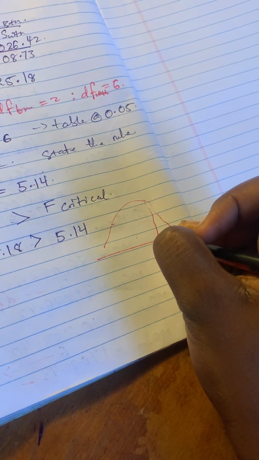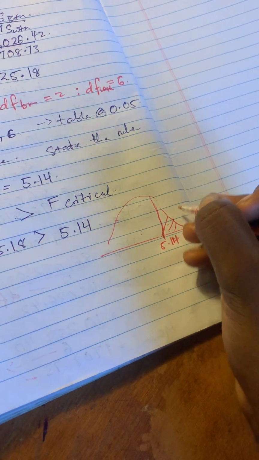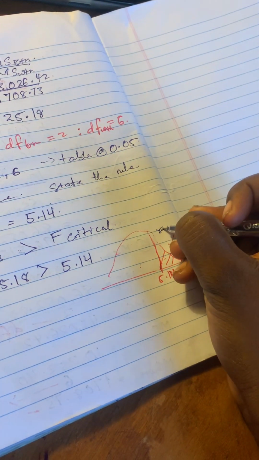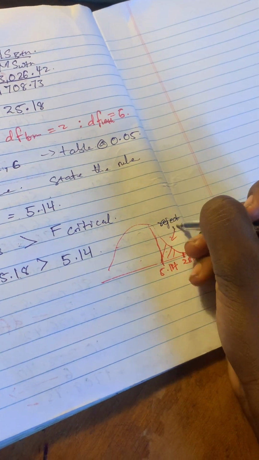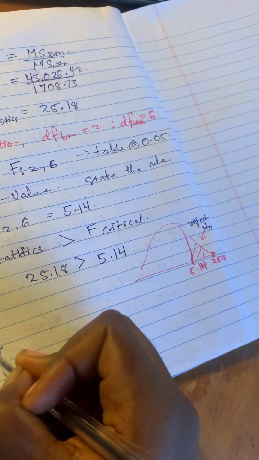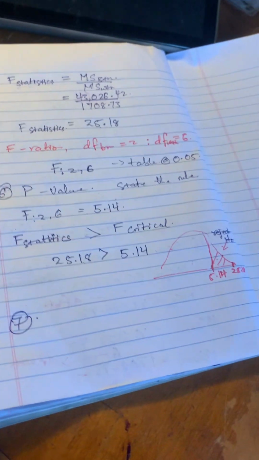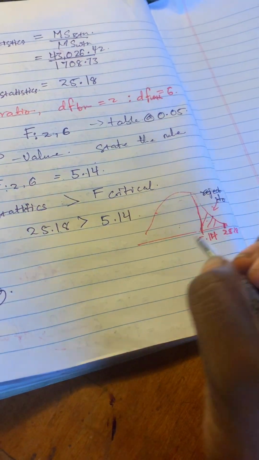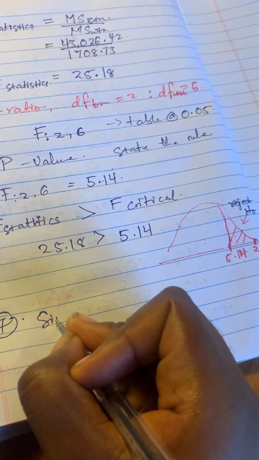In comparing, we realize that our critical value, which is 5.14, compared to the F statistic, which is 25.18, the F statistic is outside the region. So it's in the rejection region. So here we reject H0.